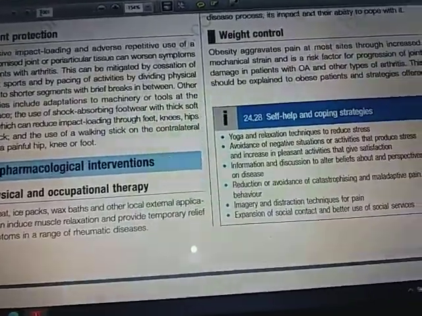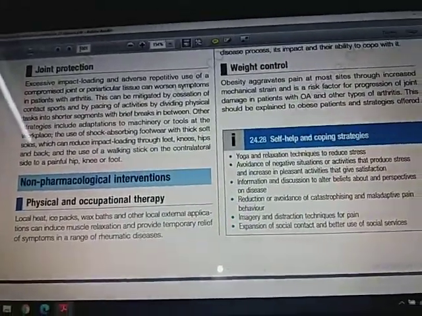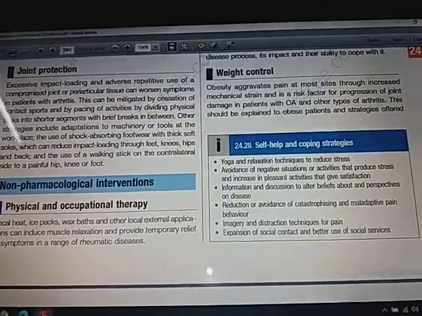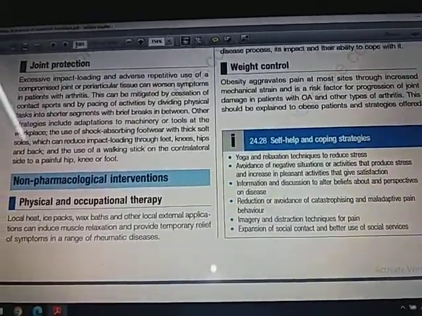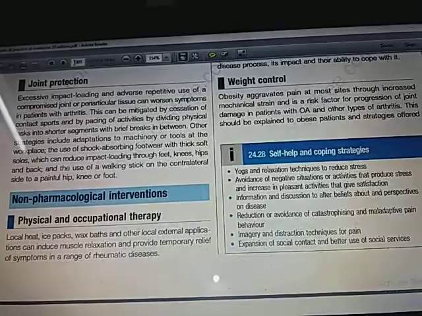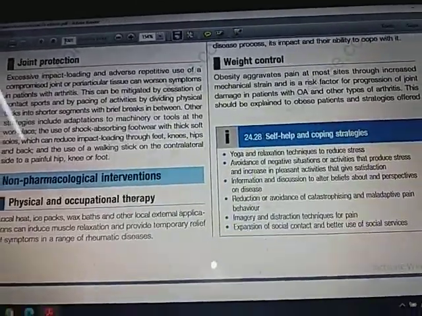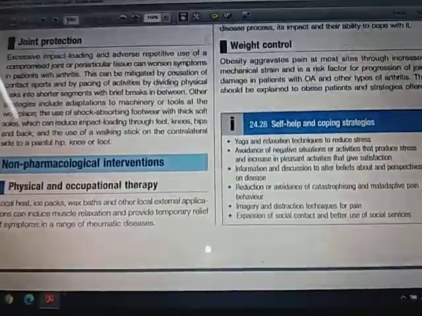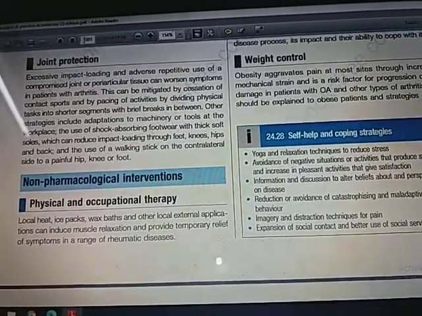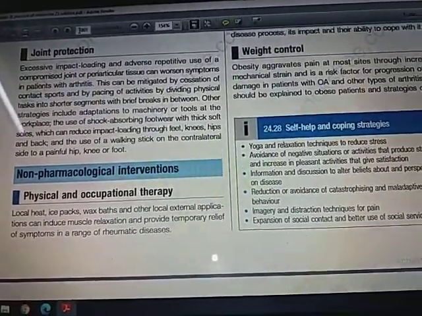Joint diseases produce wasting of nearby muscles. In weight-bearing joints, this leads to instability and increased mechanical stresses, which in turn produce more joint damage and pain.